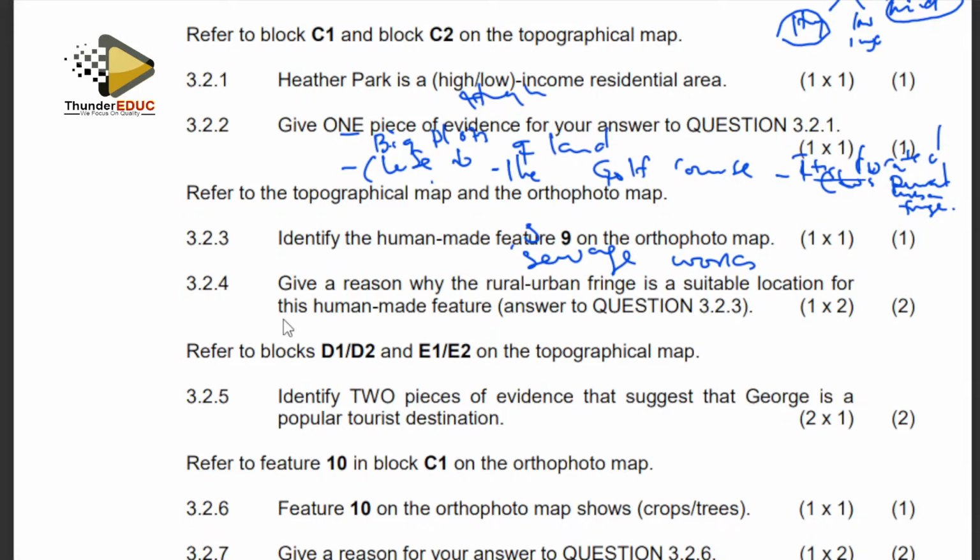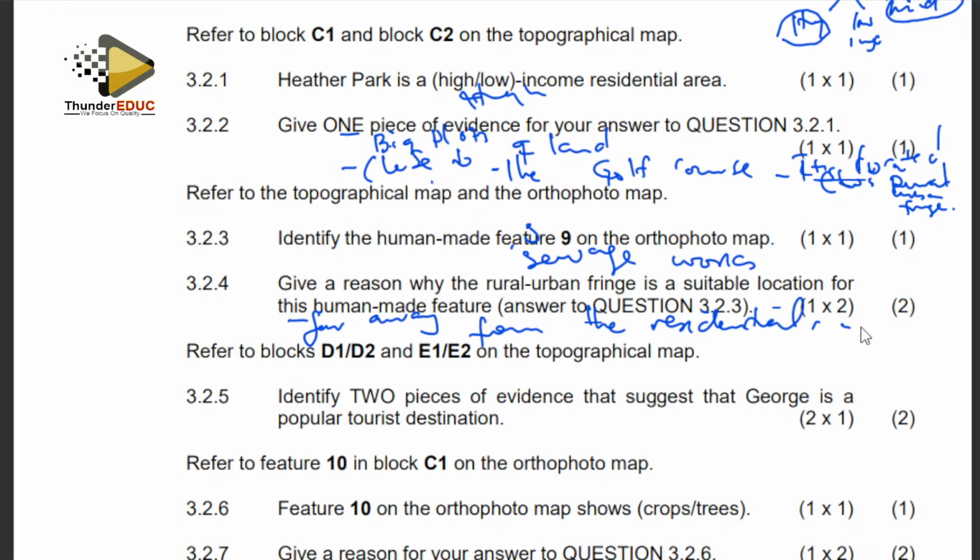Remember, sewage smells, so you can't have it close to too many people. So far away from the residential areas. Few people are located in such areas. Because of the bad odor that it gives, people stay away from it.